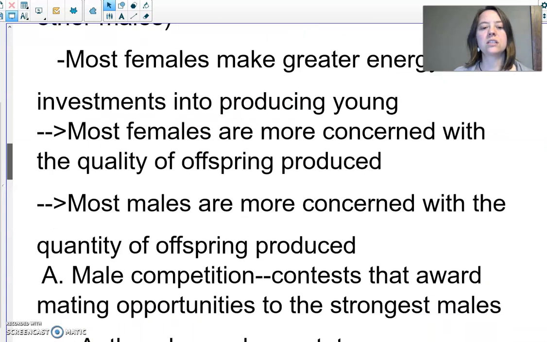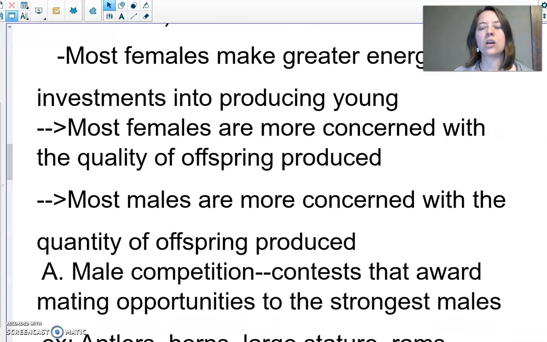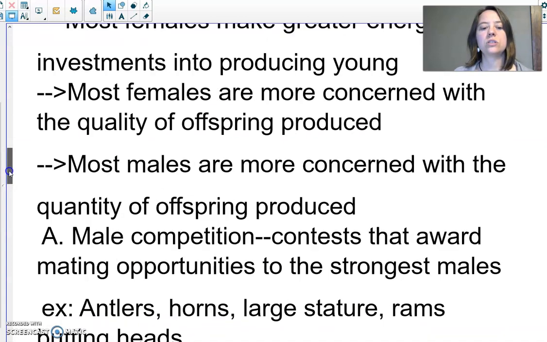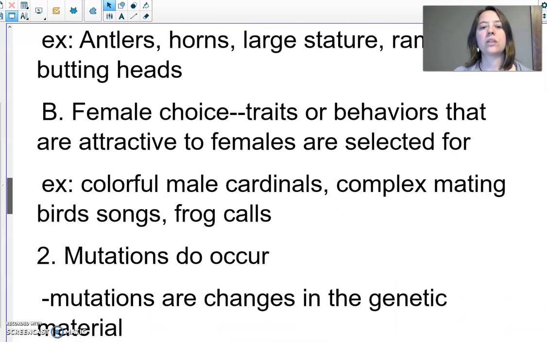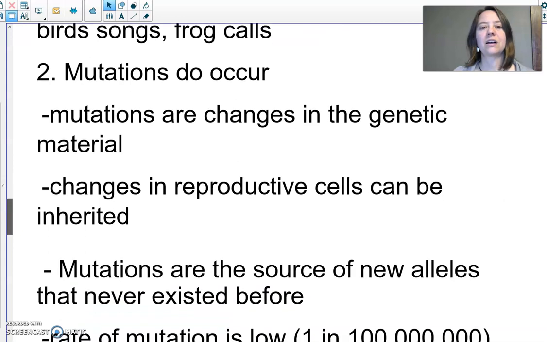Female choice is another type of sexual selection, where females will choose to mate more often with males with a certain trait. Perhaps the peahens will mate more often with peacocks with large, beautiful tail displays, fans. A second requirement for evolution to occur is that mutations do occur.